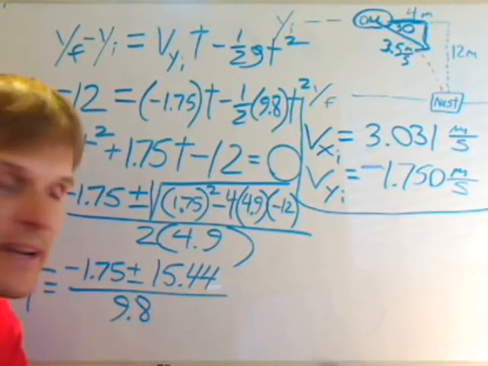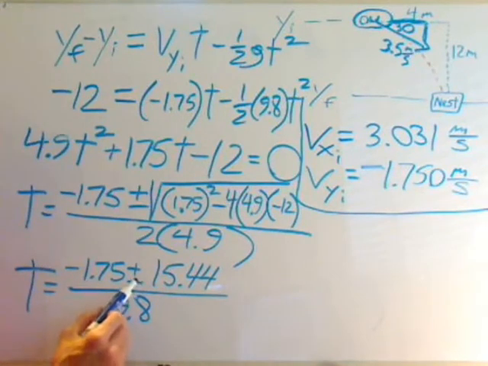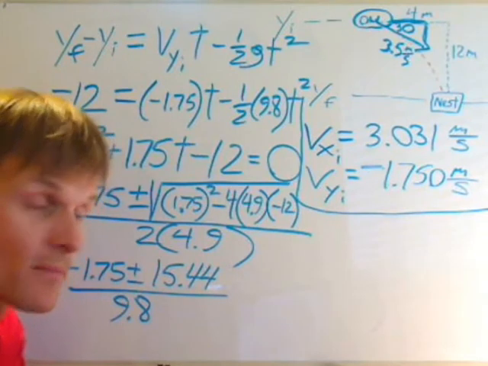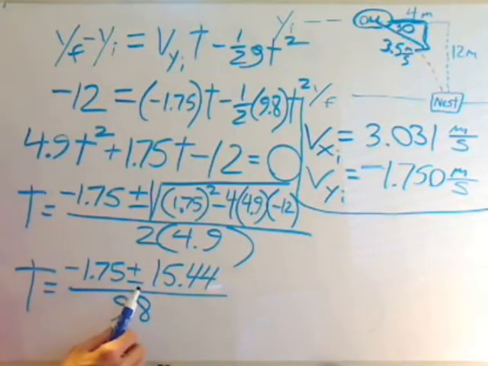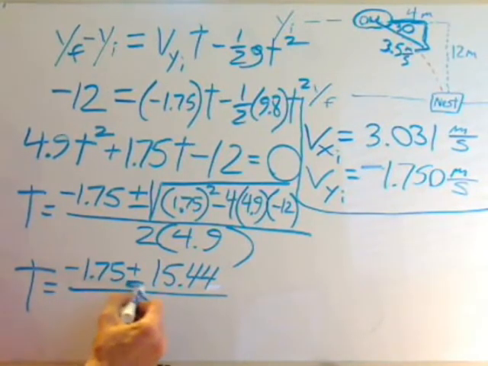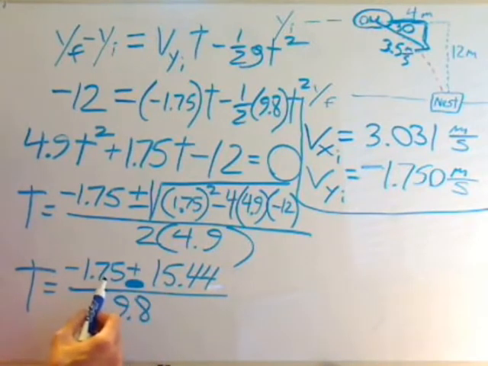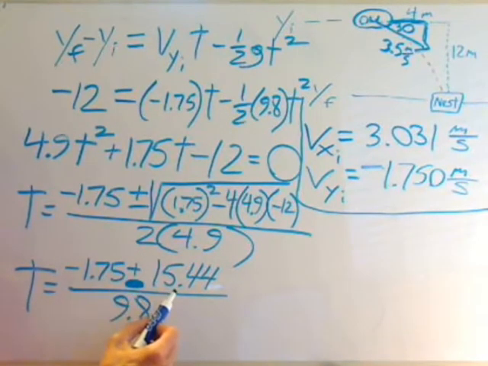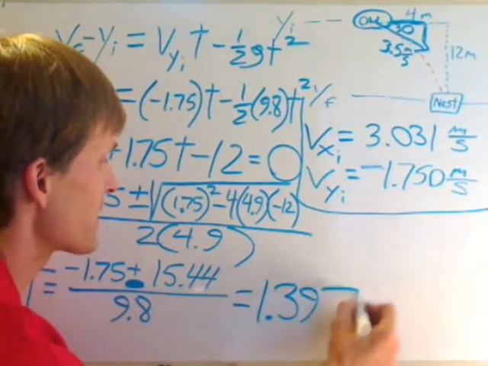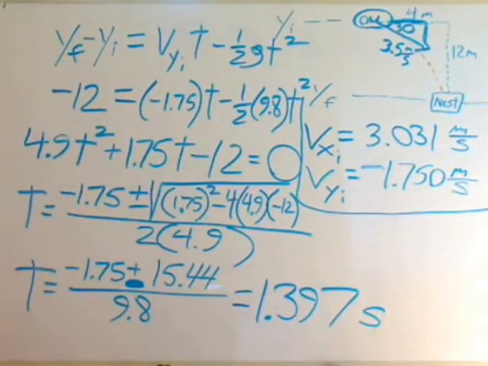And so remember, we get to a point where we have two solutions, one corresponding to plus, one corresponding to minus. And we want to pick the one that makes physical sense. So the minus sign doesn't make physical sense. We would get a negative time. So we want to drop the minus solution and just use the plus one. So negative 1.75 plus 15.44 divided by 9.8 is 1.397 seconds.